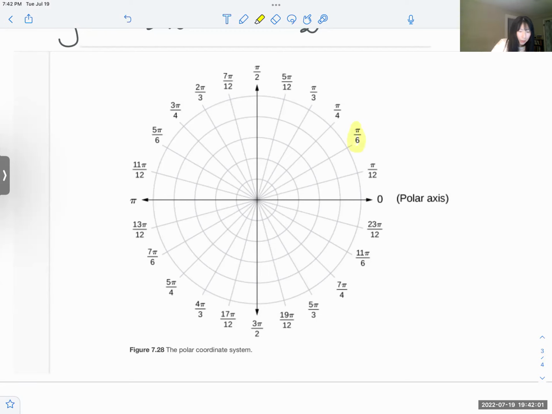So we have pi over 6, pi over 4, pi over 3, pi over 2, 2 pi over 3, 3 pi over 4, 5 pi over 6, and pi. This one we know, but the only difference is they have more, like pi over 12 and 5 pi over 12. Okay, how do we get the degree?